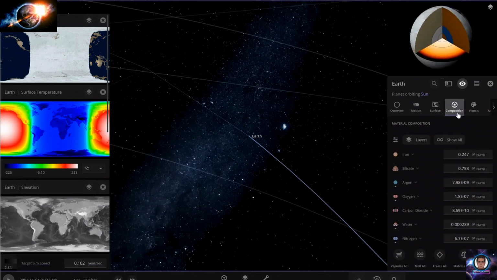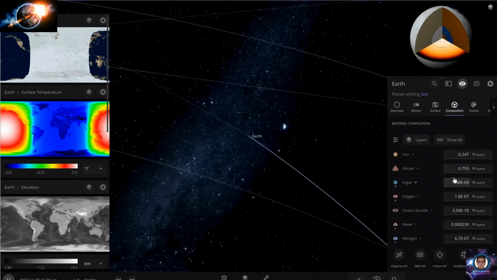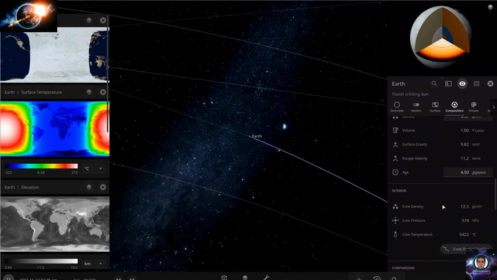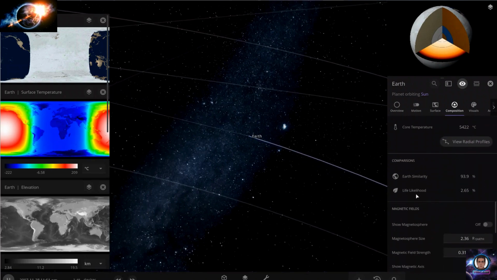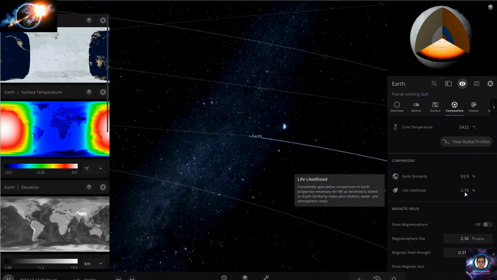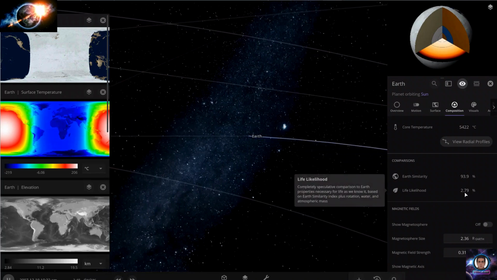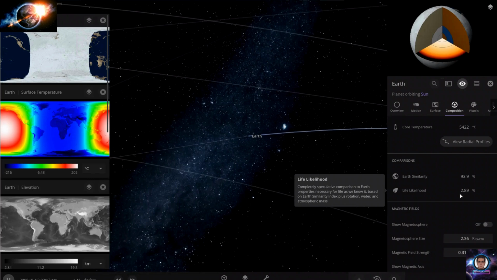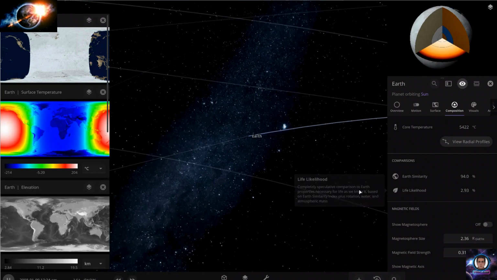In the composition, there is a part which lets us check the life situation, the life likelihood. You can see this is normally by default around 92%, but right now with just this change, this is around 2% or 3%.